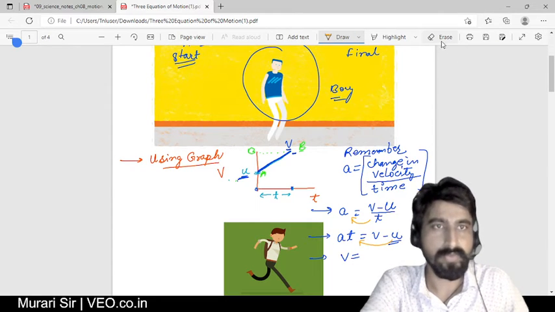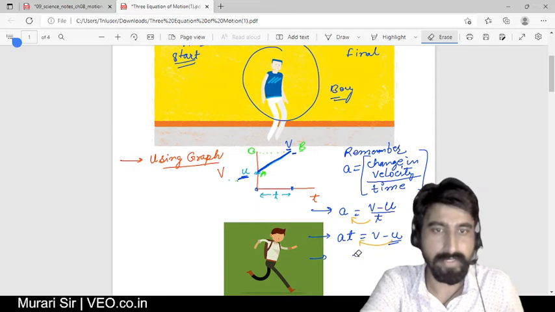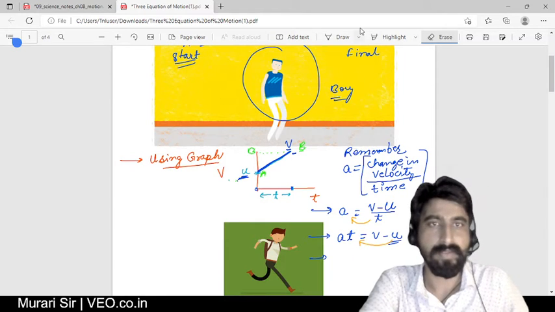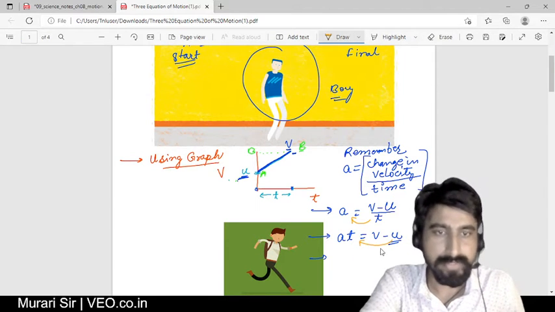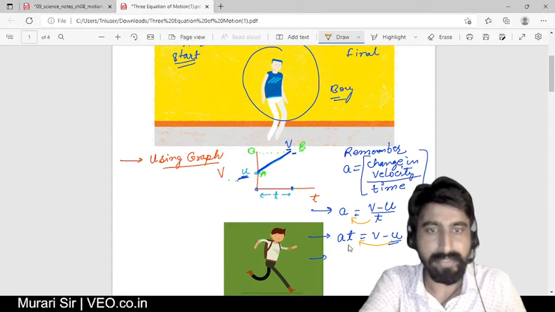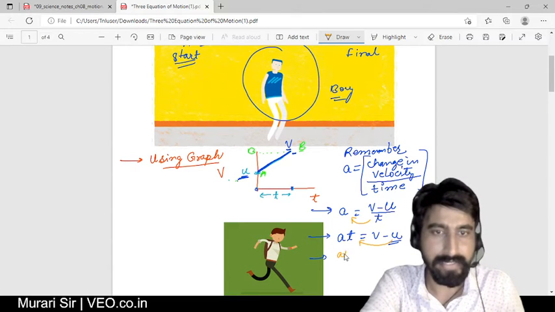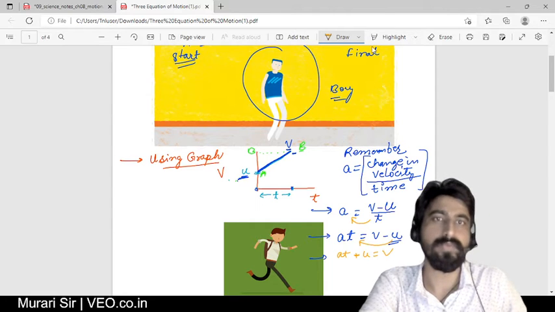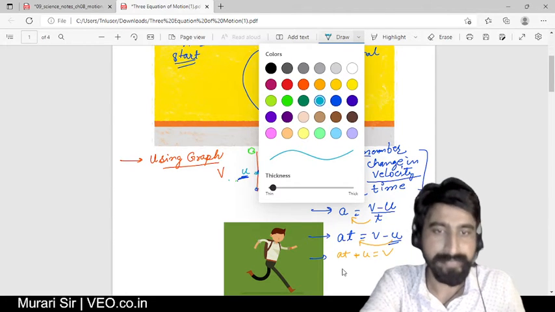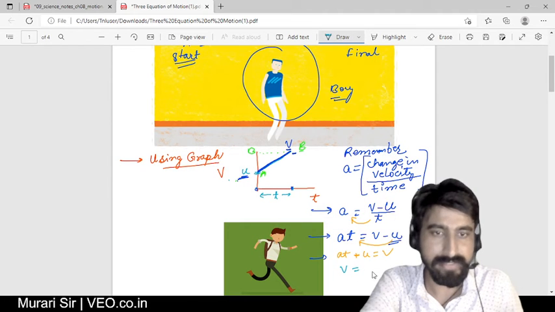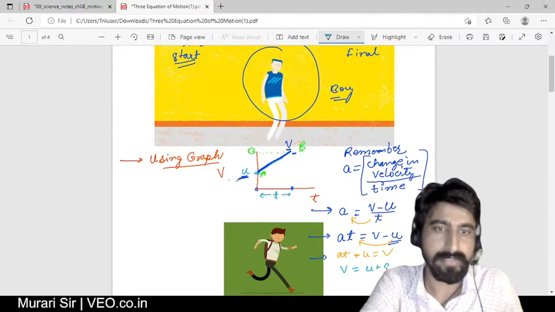Okay. So don't get confused. Let me write it again. So simply it is going to this part and I can write it as at plus u is equal to v. That means I can also write it as v is equal to u plus a into t.